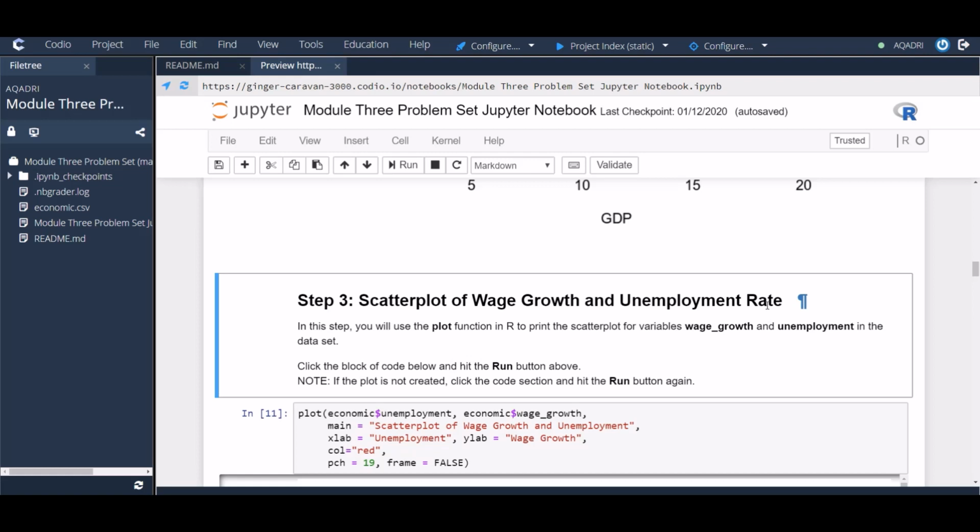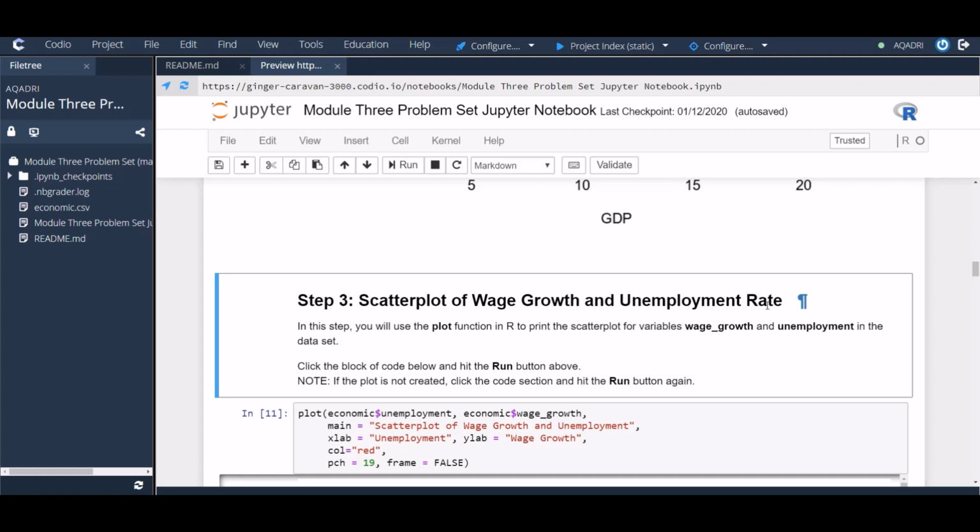One of the reasons is that when unemployment rate increases, that means more of the labor force is unemployed, and that most likely means that the economy is going through some kind of turmoil, and therefore companies are either not hiring, or if they are hiring, they have a lot of candidates to pick from. So there's a pressure on wages to be lower. And so the wage growth will actually decrease when unemployment rate increases.